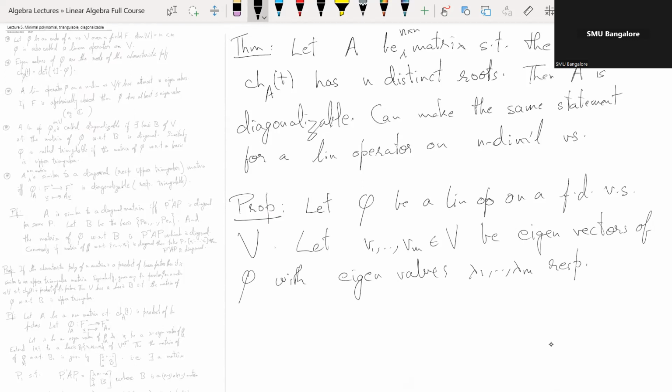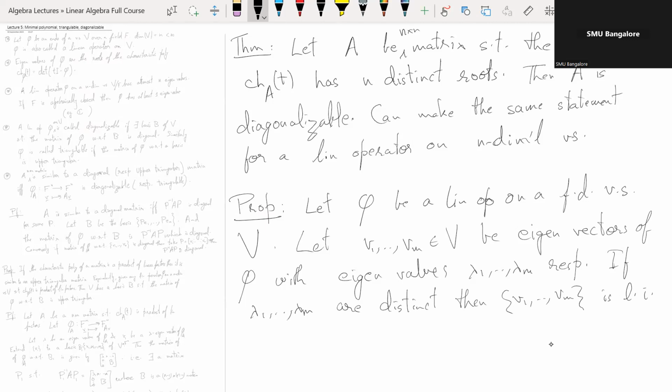Suppose that all these lambda i's are distinct. Then V1 to Vm, this set is linearly independent. So this is our proposition.